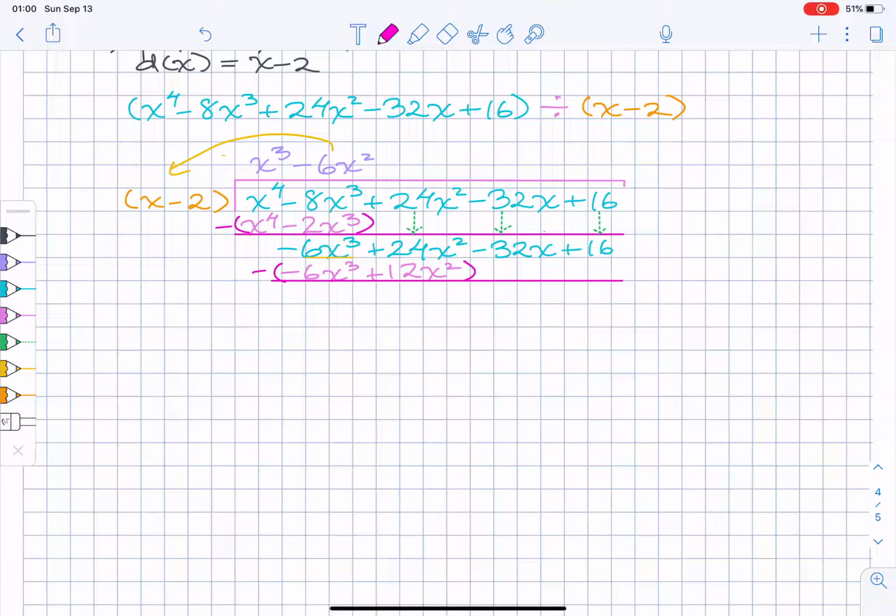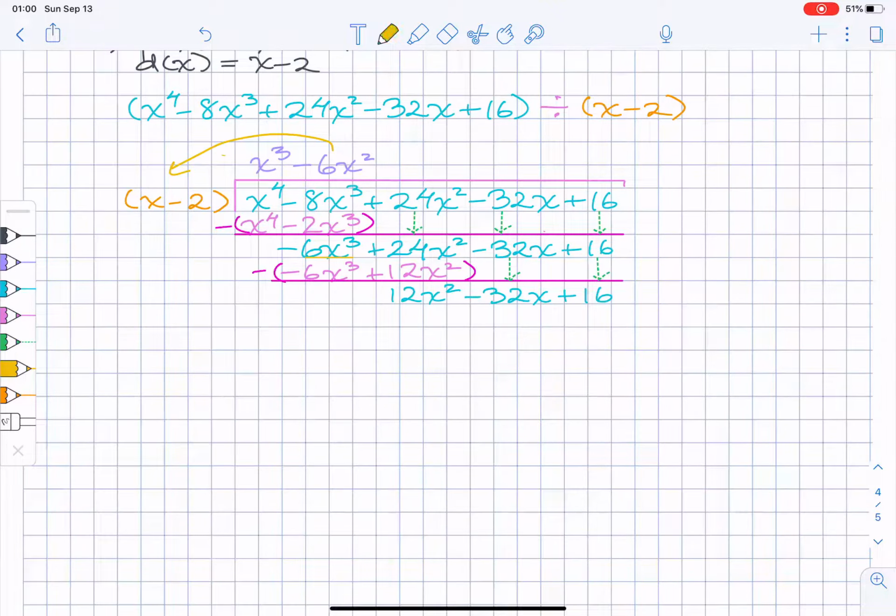So the 6x cubes go away. 24 minus 12 is 12x squared. Then I'm going to bring down the remaining terms. So what do we have? We have minus 32x plus 16.